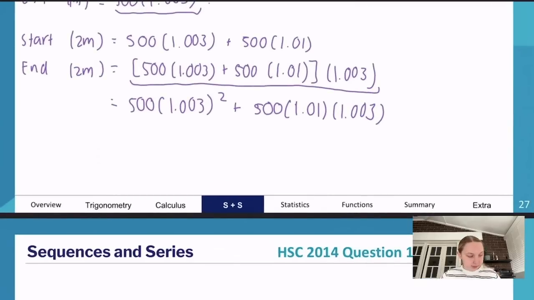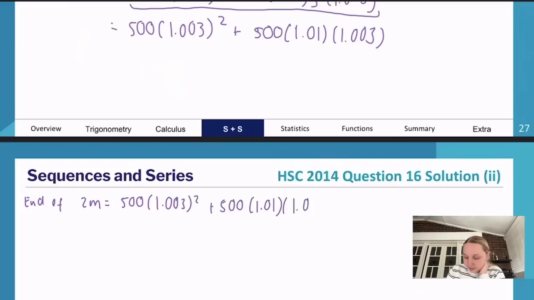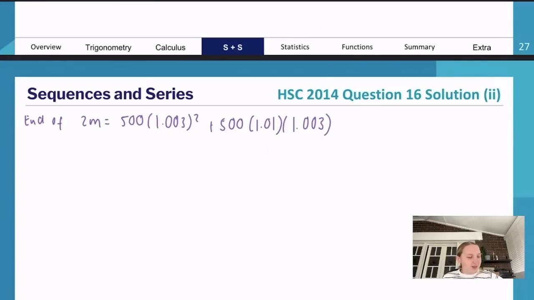Okay, so at the end of the second month, we've got 500 × 1.003 squared plus 500 × 1.01 × 1.003. Now we want to find what it's going to be at the end of the third month, because we have to do at least 3 months if we want to be establishing a pattern in any HSC question about annuities.